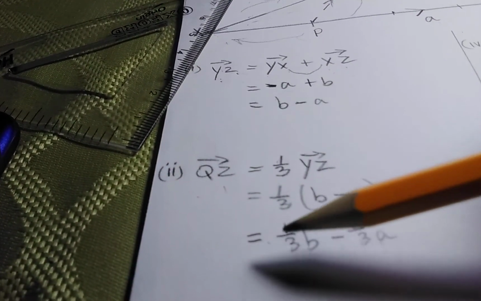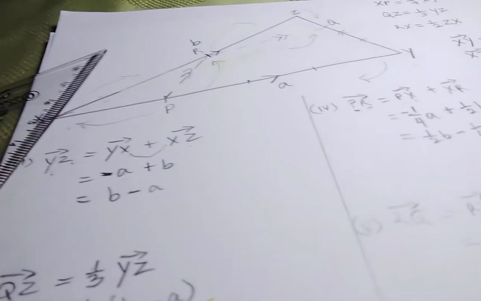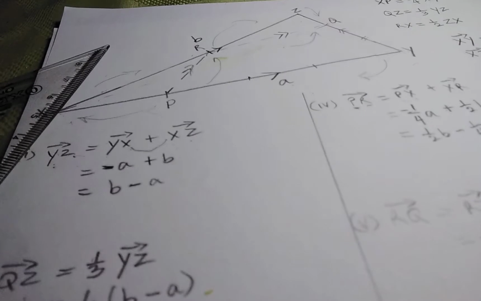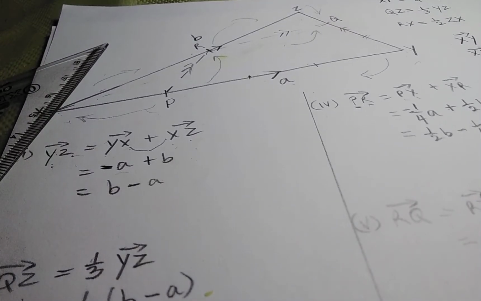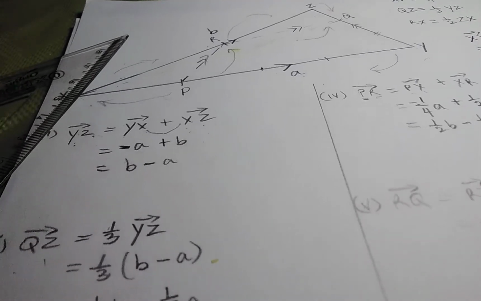So we're going to switch around the sign. We're going to say negative 1/3 B, positive 1/3 A.